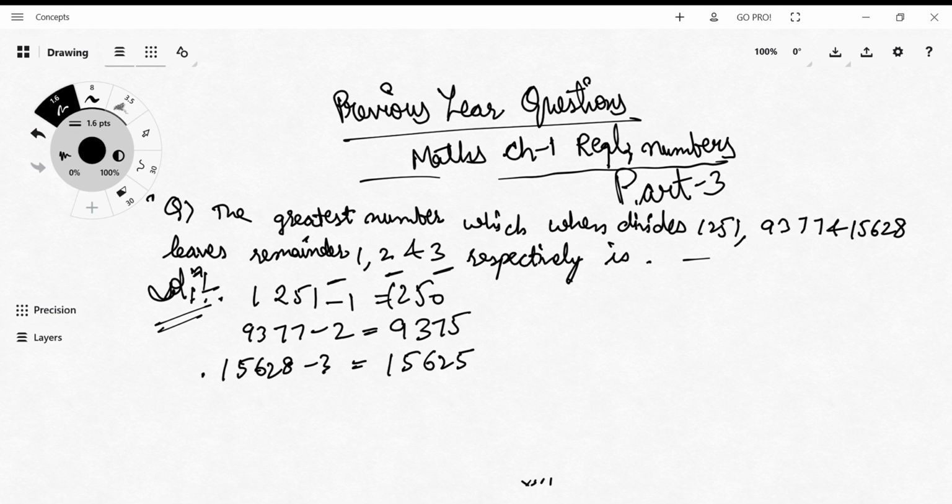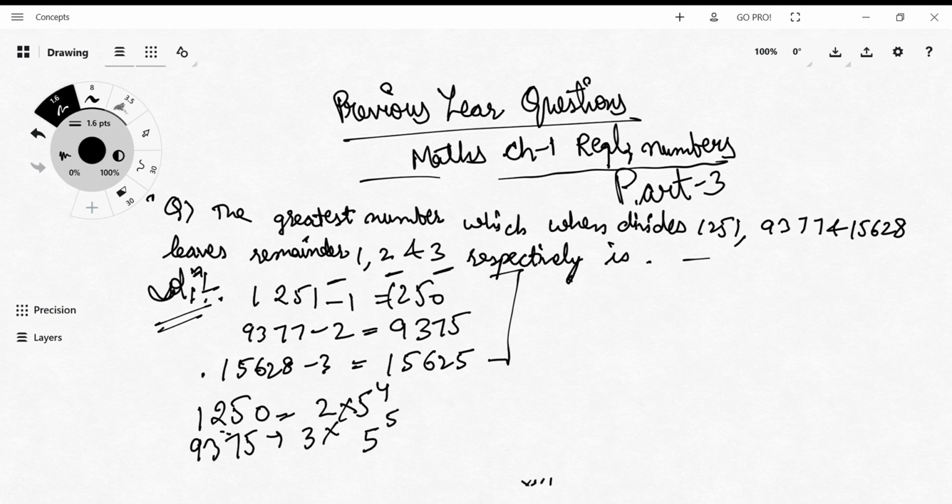Now we have to find the greatest number which divides these and leaves the remainders, so we will find the HCF of these three numbers. The first step is to find the prime factorization. Prime factorization of 1250 is 2 into 5 raised to the power 4, prime factorization of 9375 is 3 into 5 raised to the power 5, and prime factorization of 15625 is 5 raised to the power 6.